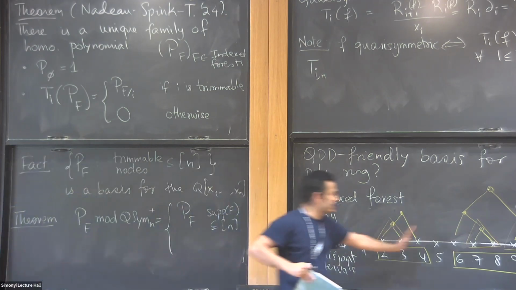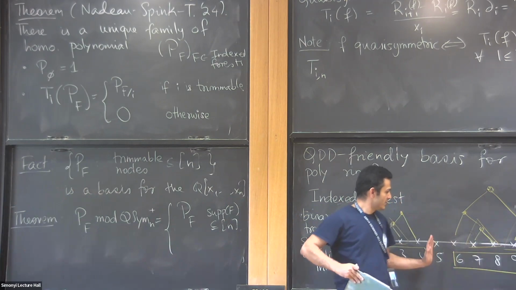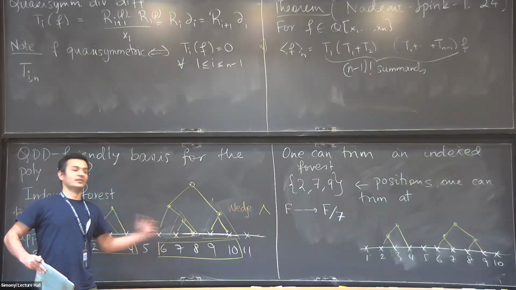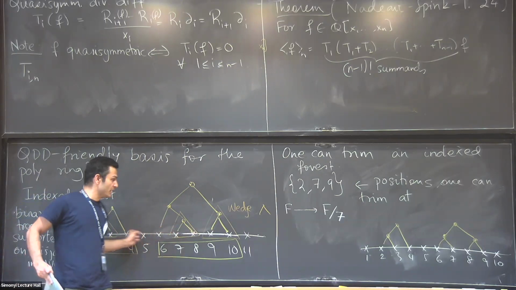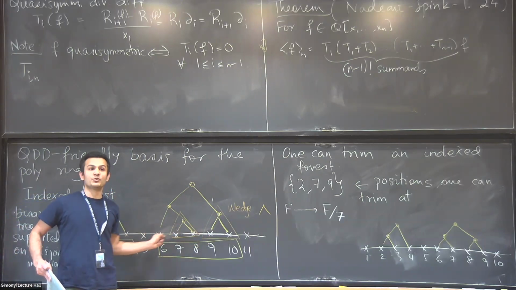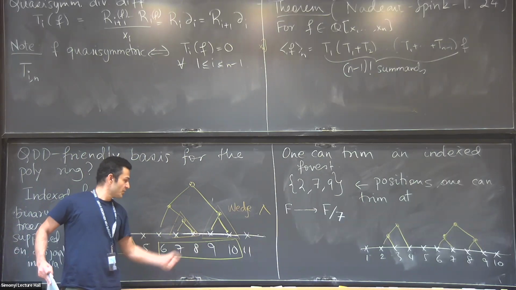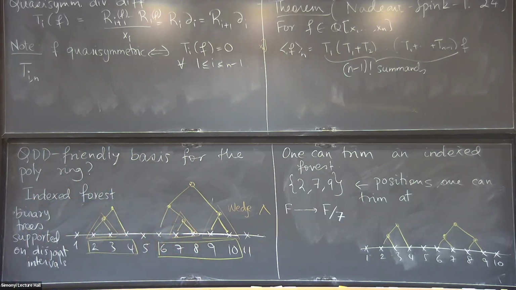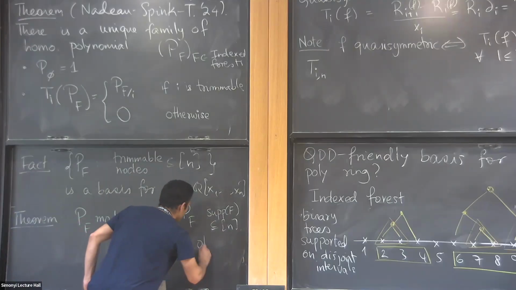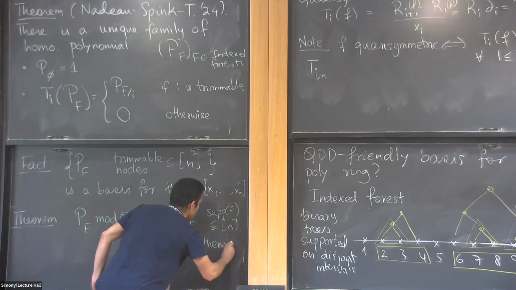Okay, so this guy is supported on 10, but it's not supported on the first 9, clearly. So this forest polynomial uses only variables x1 through x9. If you try to reduce this modulo Q-sim 9, it would be 0. So this one is 0 or no reduction needed.